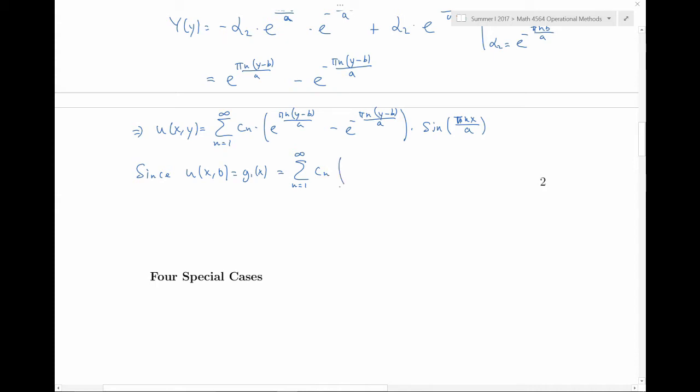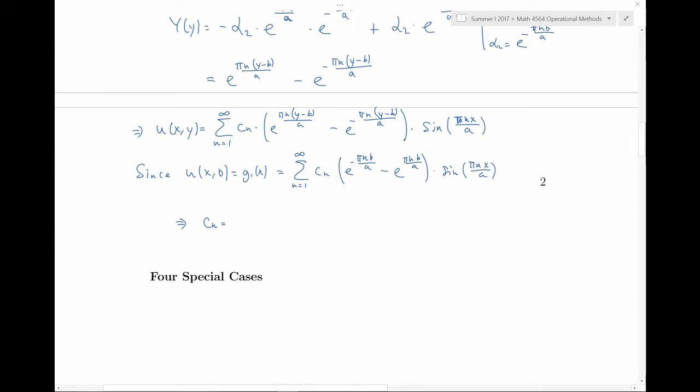And now I plug in y equals 0, so it's e to the minus pi n b over a minus e to the positive pi n b over a times sine of pi n x over a. And therefore, the coefficients Cn are determined as the coefficients for the sine expansion of the function g1 of x, except that every coefficient, since it has an extra multiplier in front of it, we have to bring it in front of the integral.